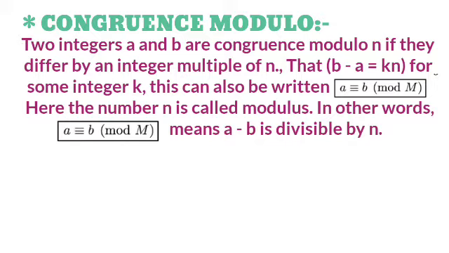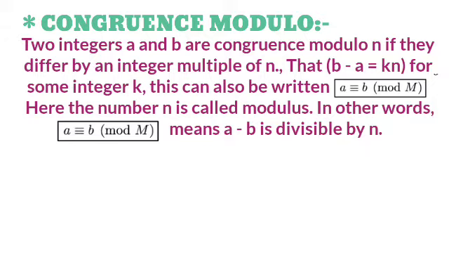This can also be written as a ≡ b (mod n). Here the number n is called the modulus. In other words, a ≡ b mod n means a minus b is divisible by n.